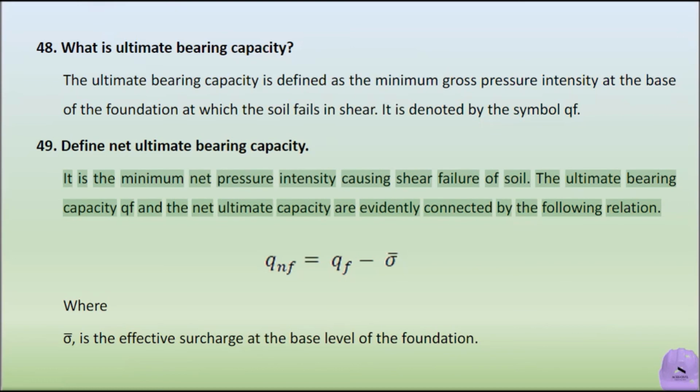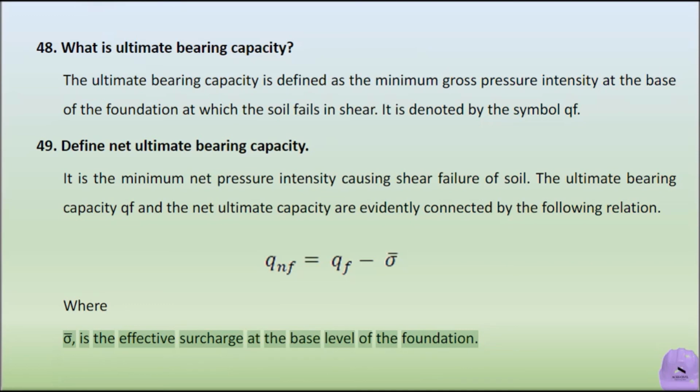It is the minimum net pressure intensity causing shear failure of soil. The ultimate bearing capacity qf and the net ultimate capacity are evidently connected by the following relation, where s is the effective surcharge at the base level of the foundation.